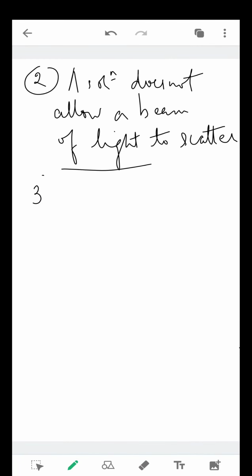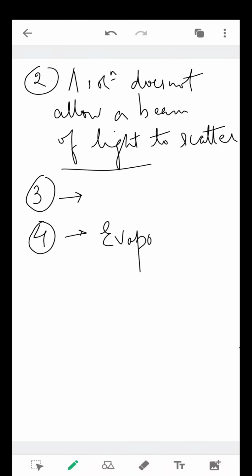The third characteristic is that the particles of solute in solution cannot be seen with the naked eye. This is clear. Then fourth is that a solution is stable and the solute from the solution cannot be separated by the filtration process. All right. However, you can use evaporation or distillation.